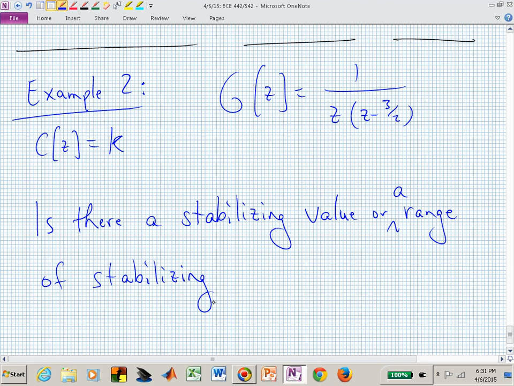And now what we want to ask is there a stabilizing value or a range of stabilizing values in our proportional controller, K?